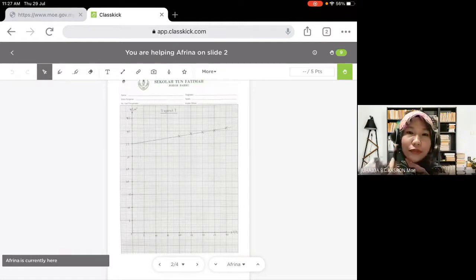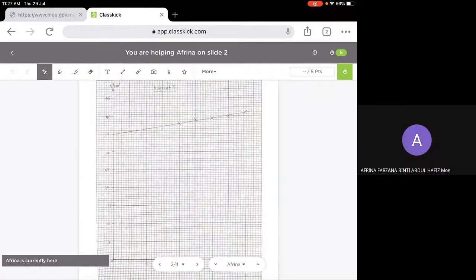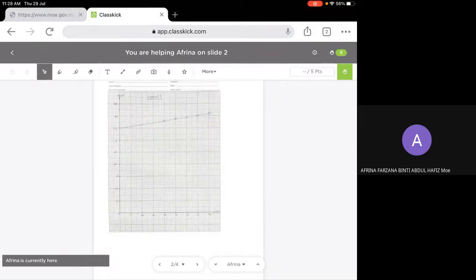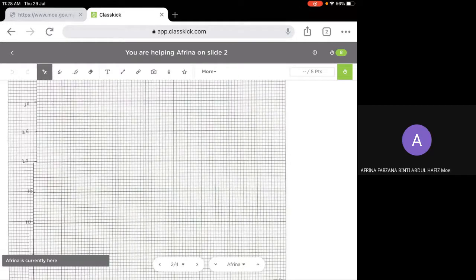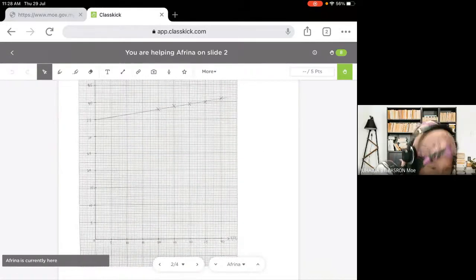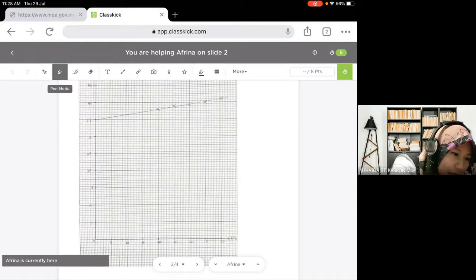So everyone, can you see the screen right now? This is the graph of Afrina. Afrina, can you explain a bit about your graph? Okay, teacher. For the x-axis, I use the scale of 2 cm to 5 cm, and the same goes for the y-axis. What is the shape of the graph?